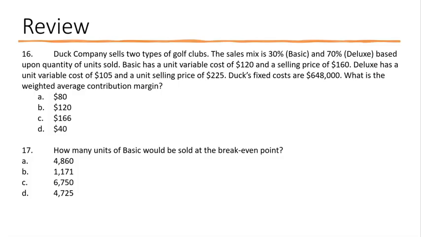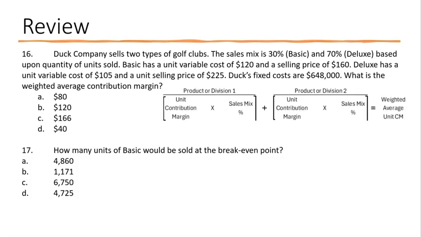So if we take the contribution margin of each times the sales mix percentage of each, add those together, we'll get our weighted average unit contribution margin.